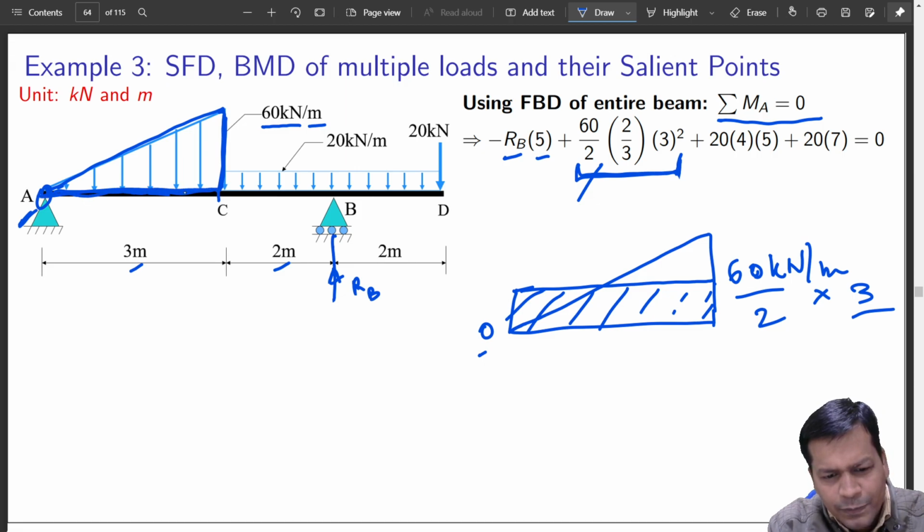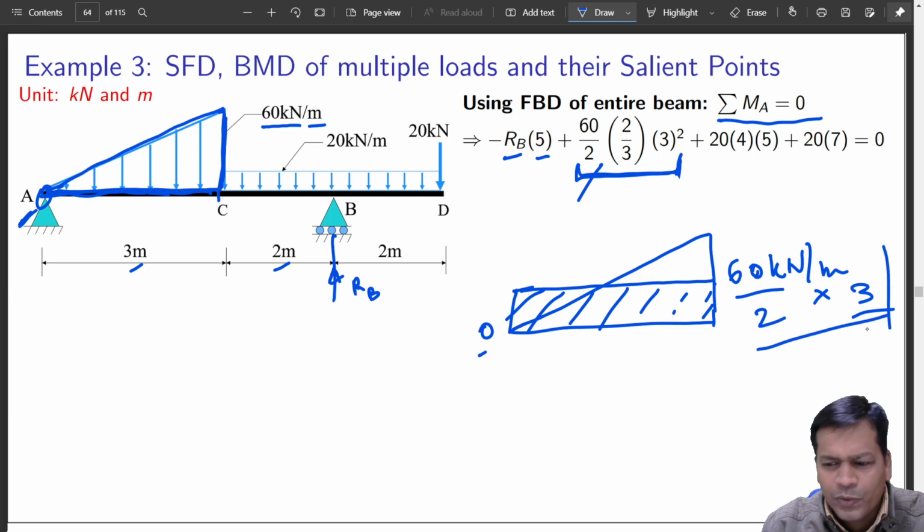Is it correct? 60 kilonewton, yes. So it is from here to here, if you sum them all, you should be getting almost 60 by 2 into 3 kilonewton, that is the downward acting load. So that is what this is. And then where is it acting?